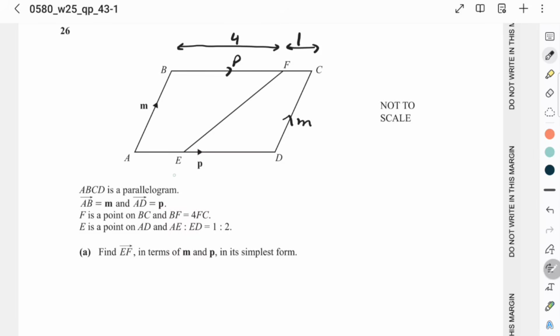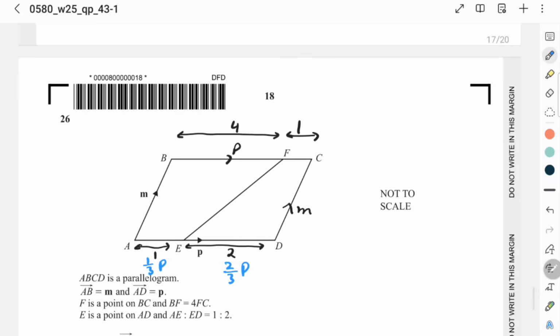Then they are giving AE to ED as 1 to 2. So this is 1 and this is 2, which means this is 1/3 of p and this is 2/3 of p. And here at the top, B to F is 4/5 of p, and F to C is 1/5 of p.